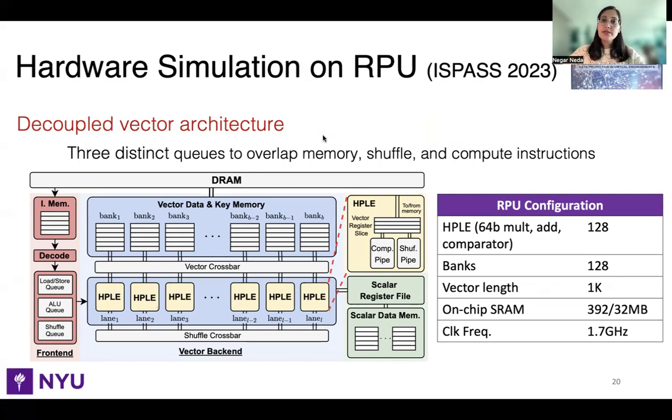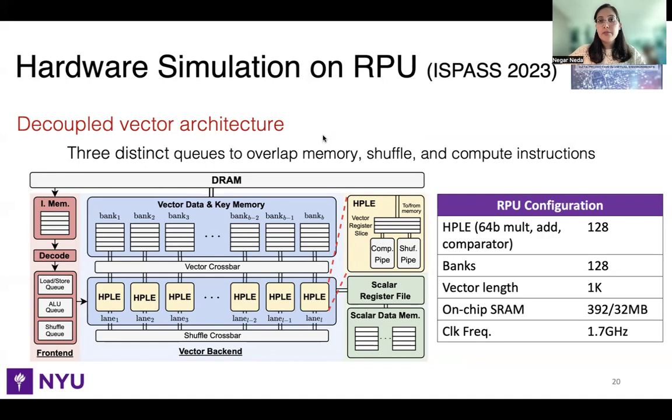These 3 distinct queues allow us to fetch independent instructions in parallel, as long as there's no dependency between them. The functional units in RPU are called HPLE, which stands for High Performance Logarithmic Word Engine. Inside each HPLE, there's a 64-bit multiplier, an adder, a subtractor, and a comparator.